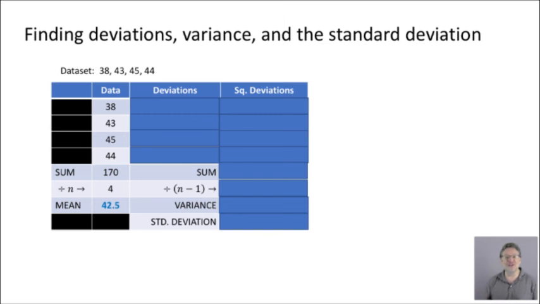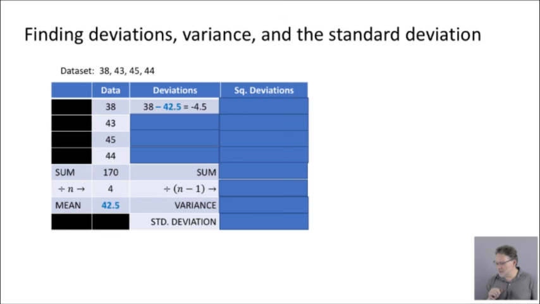That's familiar territory, hopefully, but now we're into unfamiliar territory. We're going to calculate what are called deviations, and there's one deviation for each data value. We take the data value, in this case 38, and subtract off the mean. What we get is the distance that the data value departs from the mean, how far away from that center of mass, so to speak, it resides.